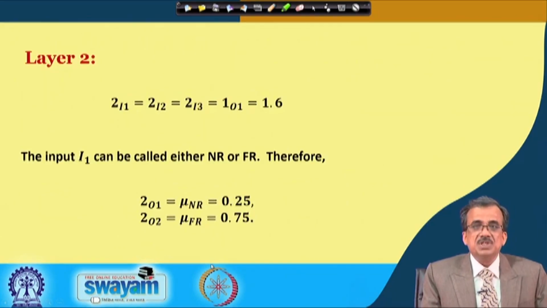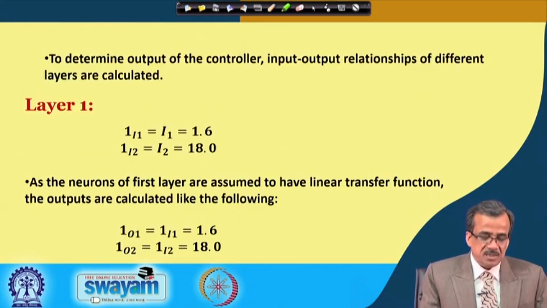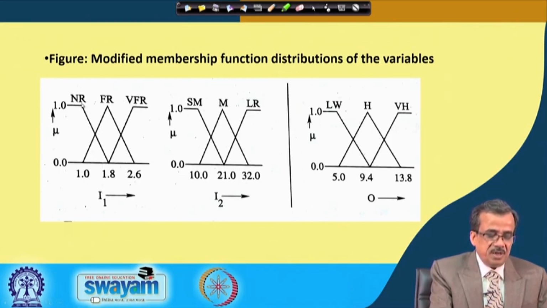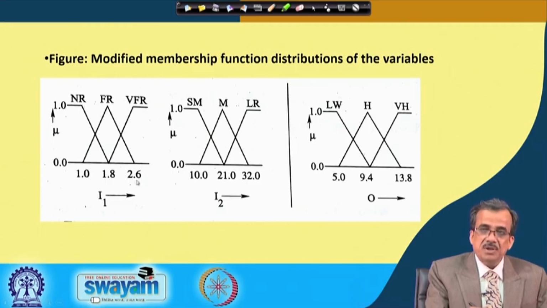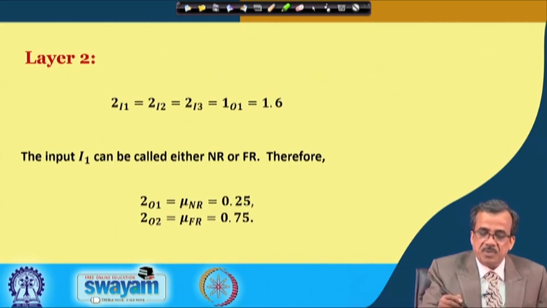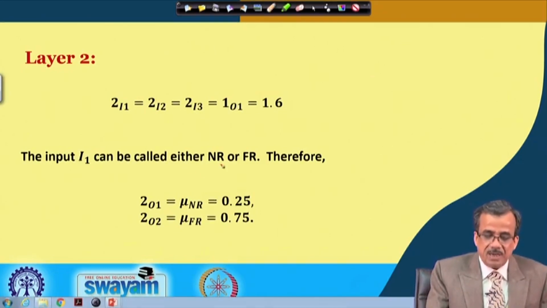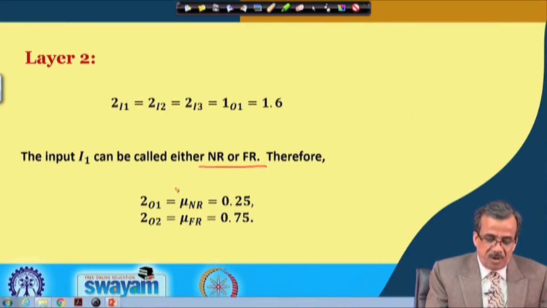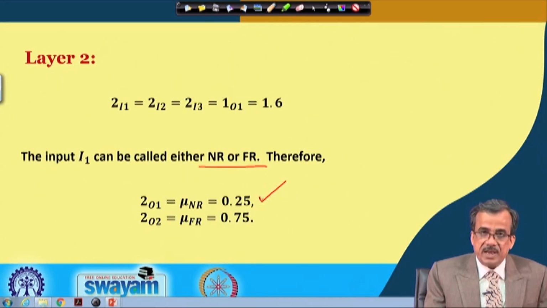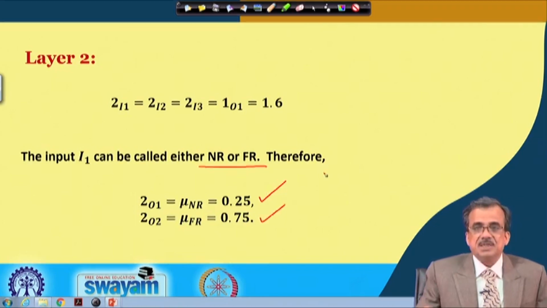Corresponding to this 1.6, if I draw it here, we can see that it could be near or it could be far. So, there are two possibilities. Corresponding to this I1, it can be called either near or far. It can be called near with some membership function value, that is 0.25, and it can also be called far with another membership function value, 0.75.